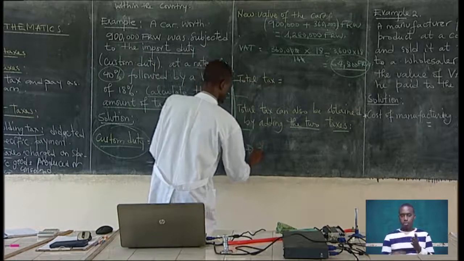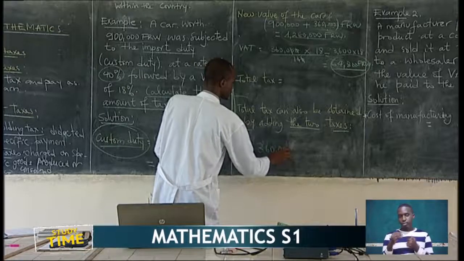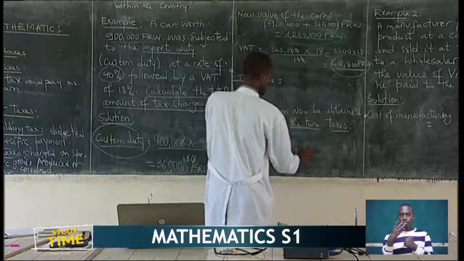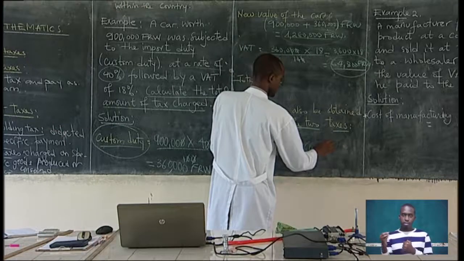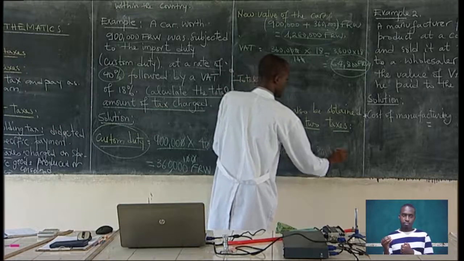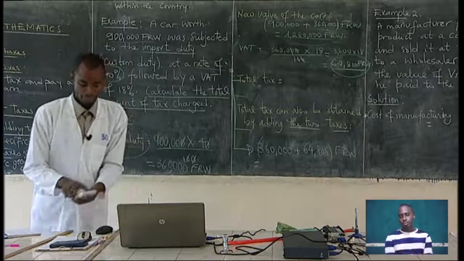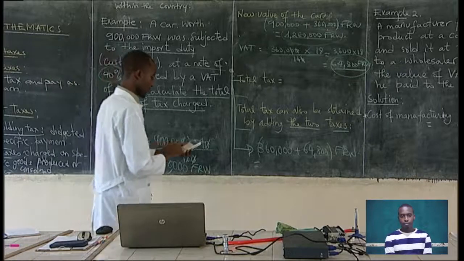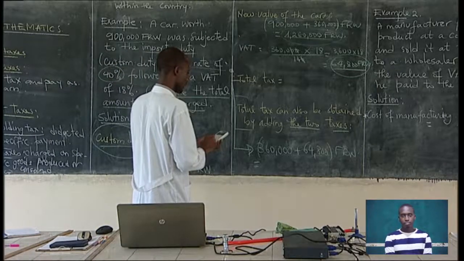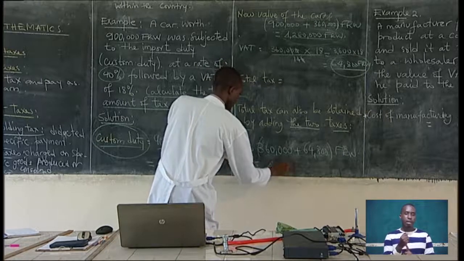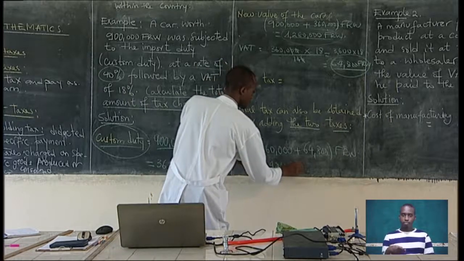You will take this one, and you add the other money that you have, 64,800, and you check what you get. 360,000 plus 64,800, you will get 424,800.